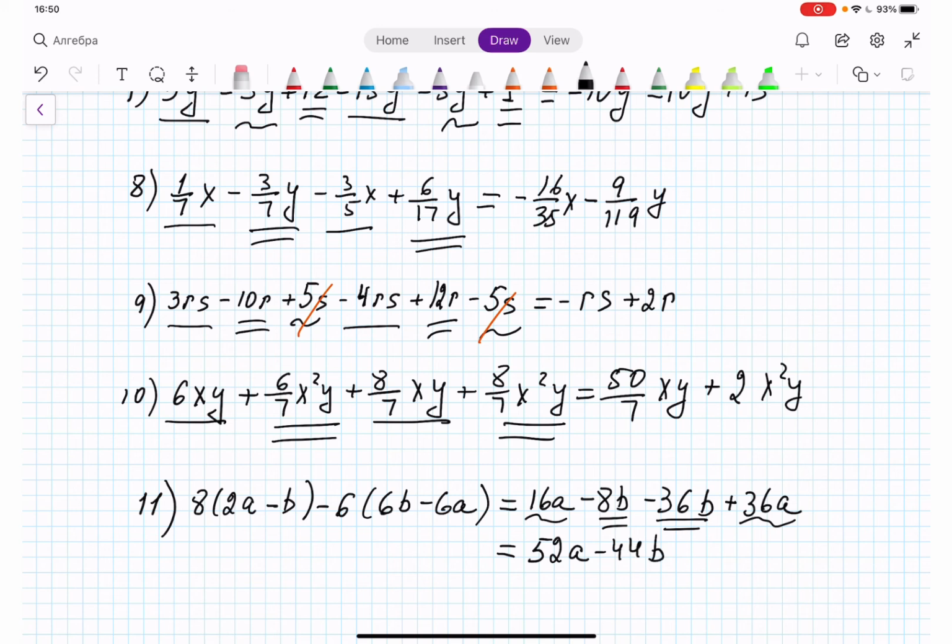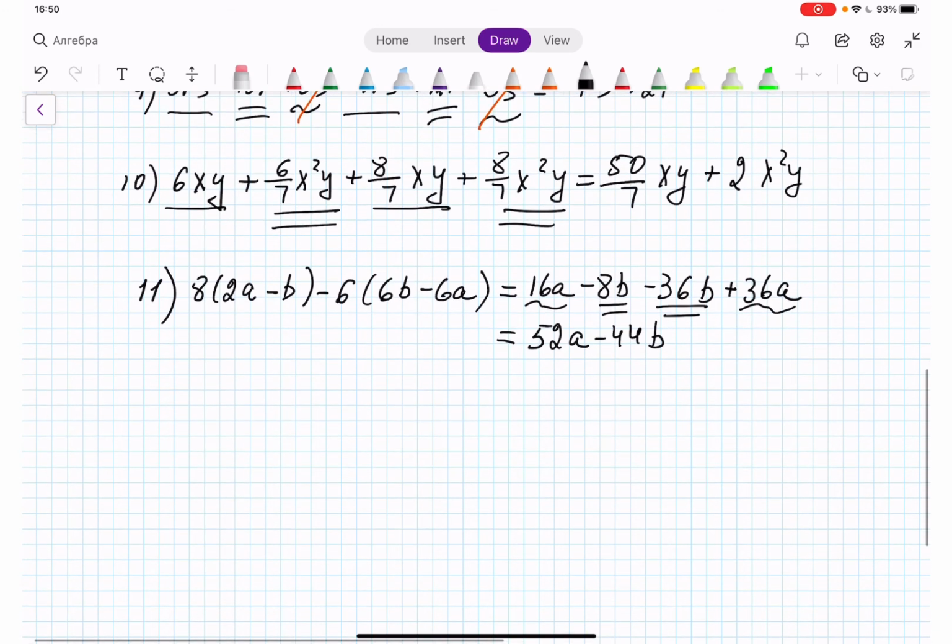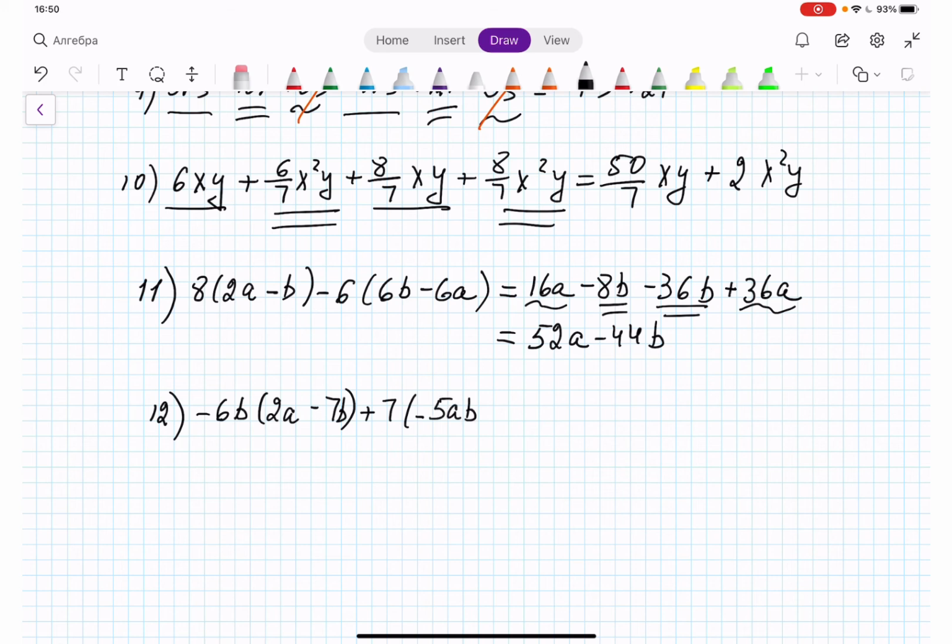Number 12. Negative 6b times 2a minus 7b, plus 7 times negative 5ab minus 8b squared.